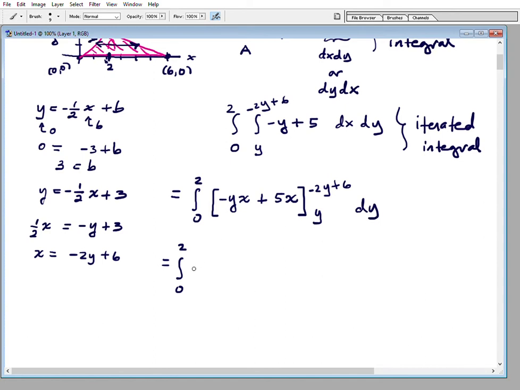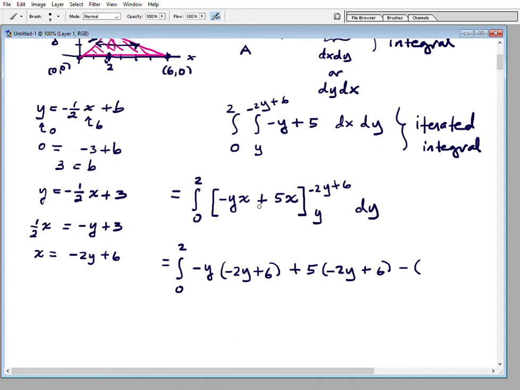Okay, so we substitute for x: minus y, minus 2y plus 6, plus 5 times minus 2y plus 6. Okay, and now we have to substitute in y. Okay, so that's minus.